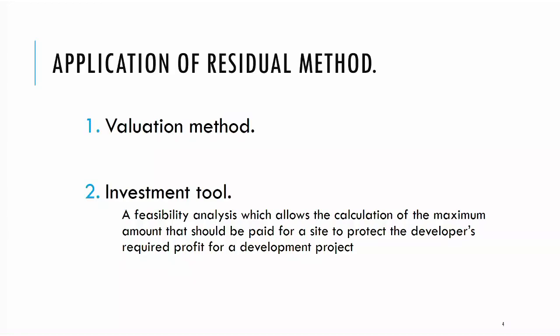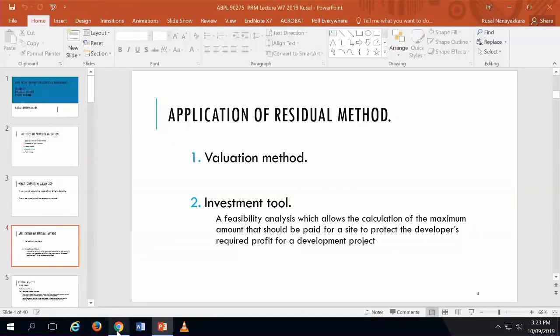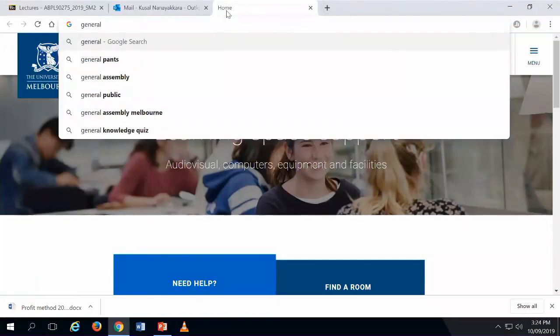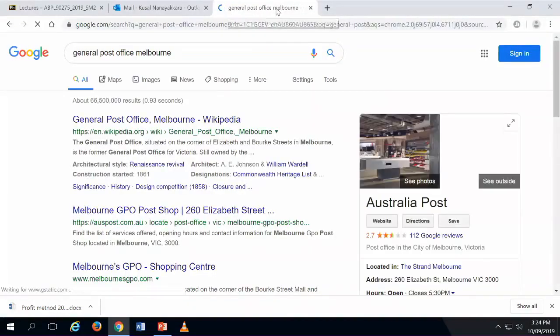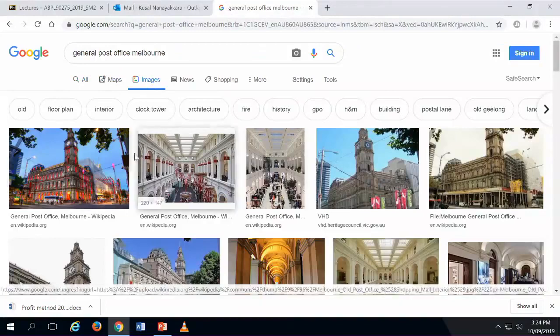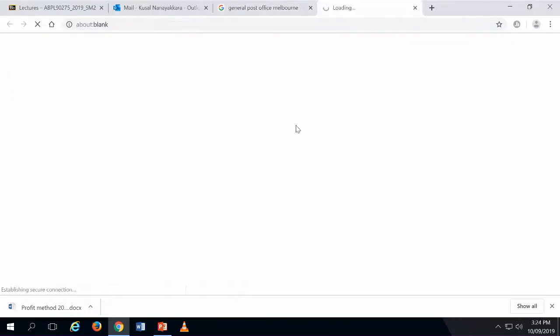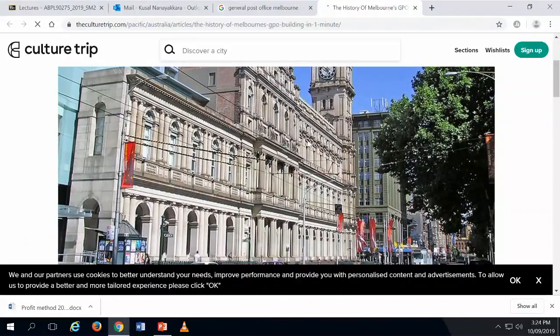Have you seen the photos of the General Post Office Melbourne? This is a heritage listed building, and it has been valued at 14.8 million land value for the purpose of land tax.